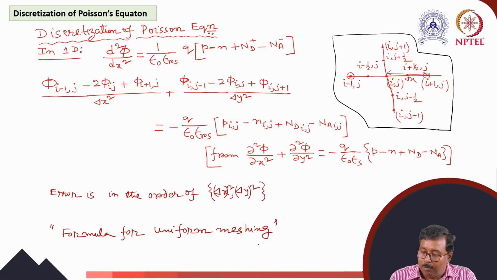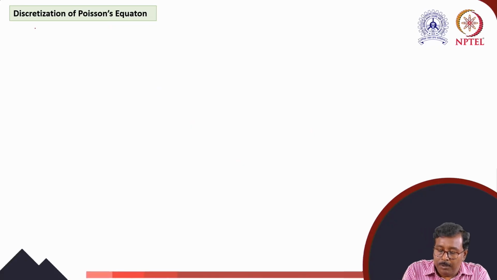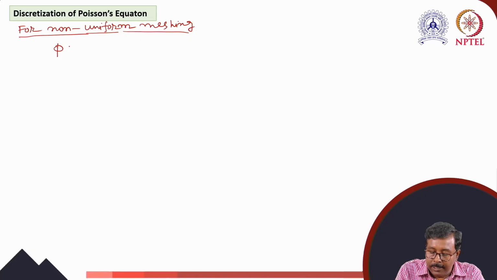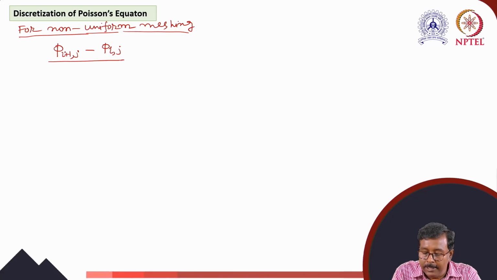For non-uniform meshing, what are the changes? Say for non-uniform meshing, the same formula we have to write in this way: phi I plus 1 j minus phi I comma j by ai, minus phi I j minus phi I minus 1 j by a I minus 1.